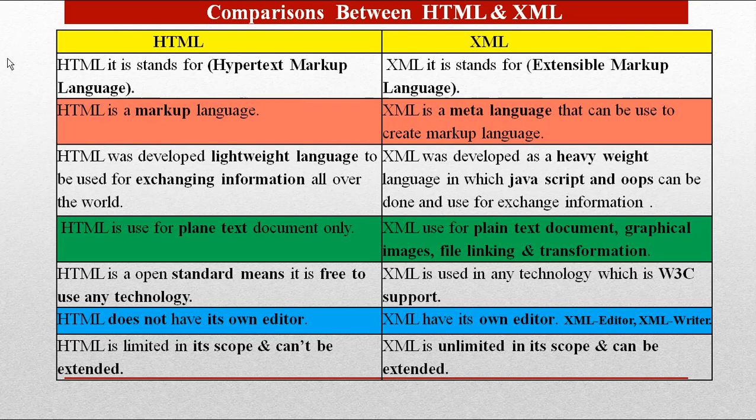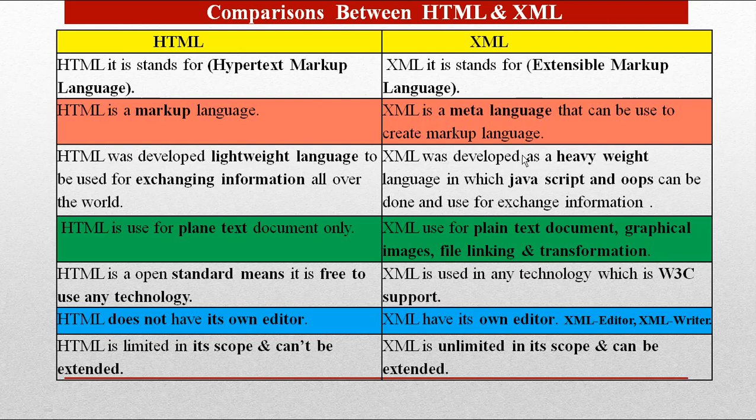HTML is a markup language and XML is a meta language. HTML is a markup language, while XML is a meta language that can be used to create a markup language. HTML was developed as a lightweight language to be used for exchanging information all over the world, and XML was developed as a heavyweight language.